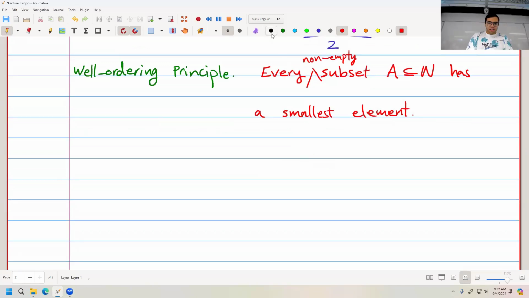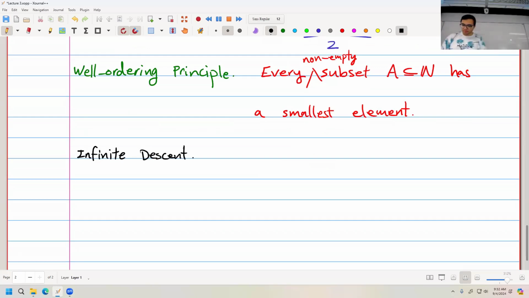Okay. So the next one is what we call the infinite descent principle. And basically it says this. It says I cannot have a sequence of natural numbers that is both infinite and decreasing.